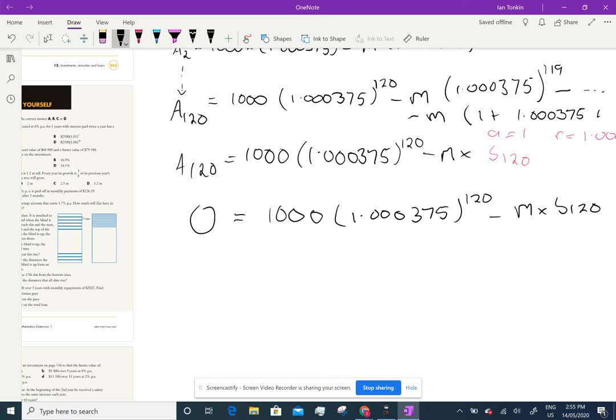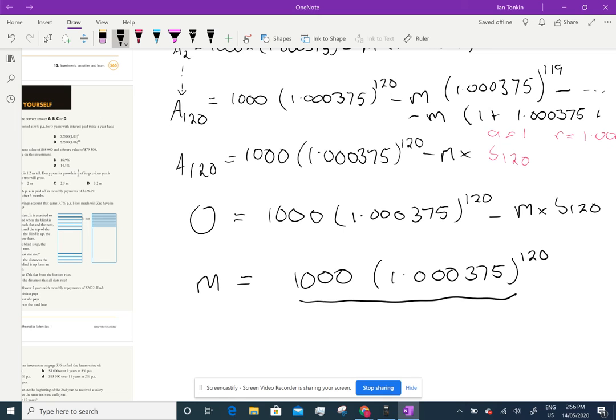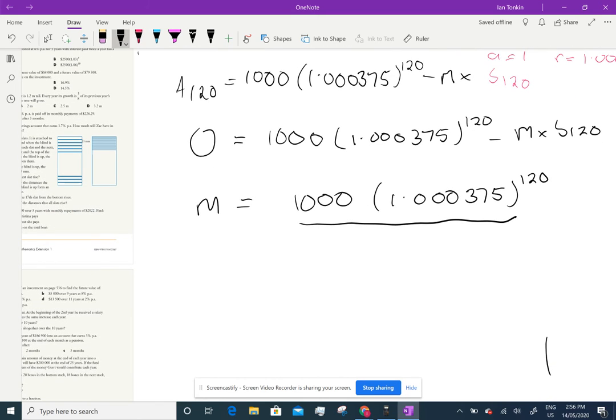I'm going to take that M and that S of 120 over and then divide by it. So in the end, I'm going to have M equals 1,000 times 1.000375 to the 120, and I'm going to divide by S of 120. And this is a line that you must have.